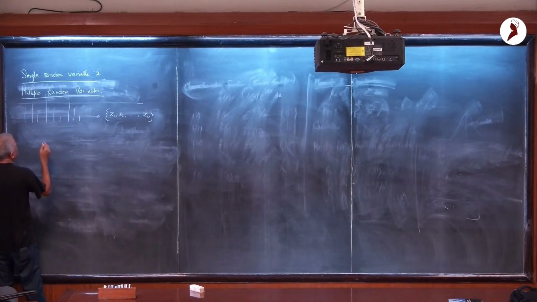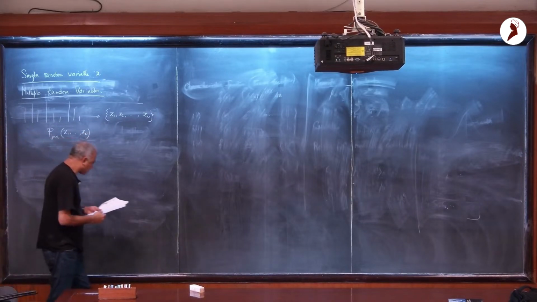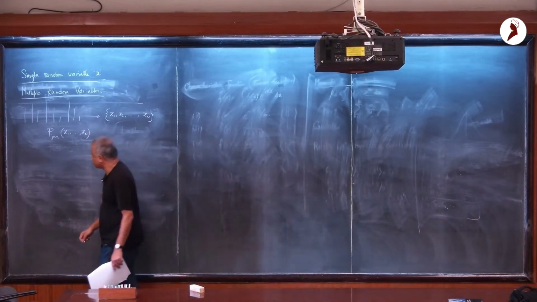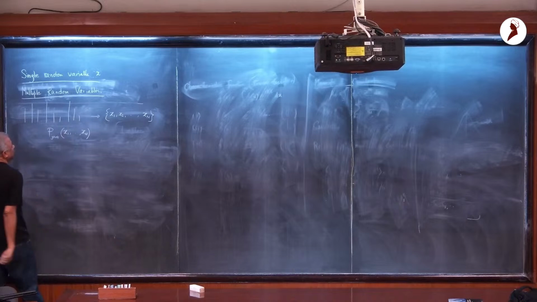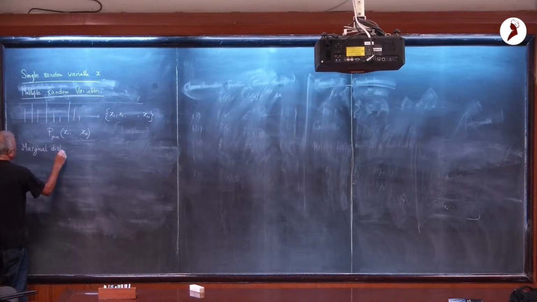For multiple random variables, you have to define not just the distribution, but always the joint distribution, because they may be correlated. If you give me the joint distribution of these multiple random variables x1, x2, x3, xn, the first thing you define is what is called the marginal distribution.